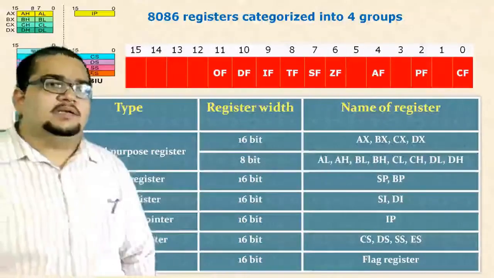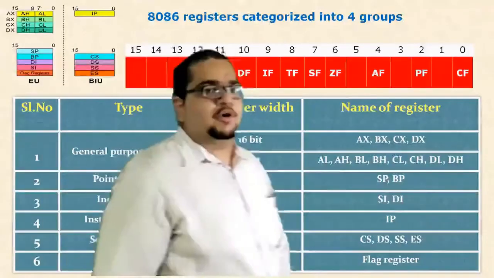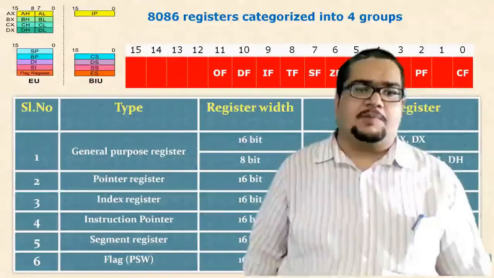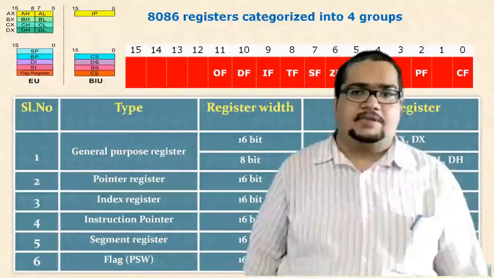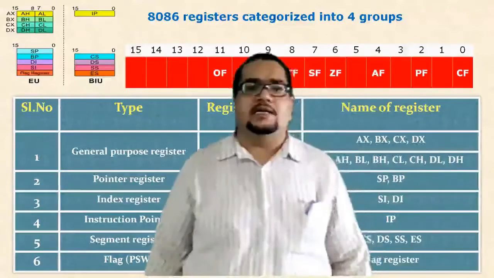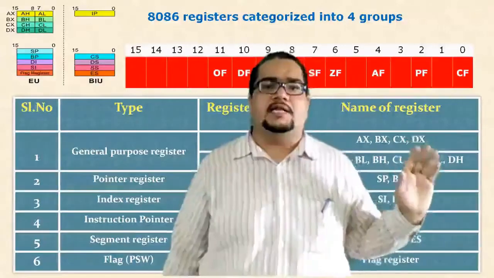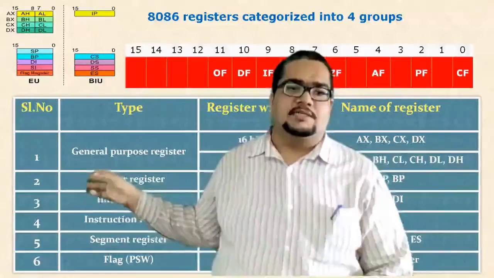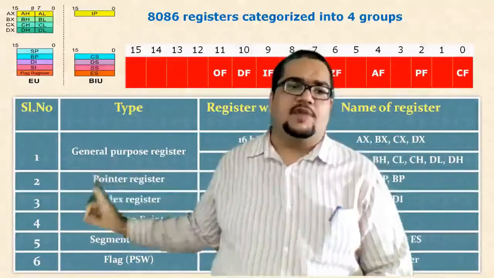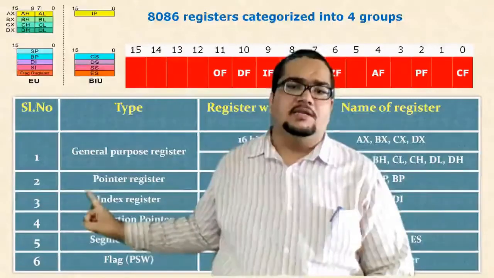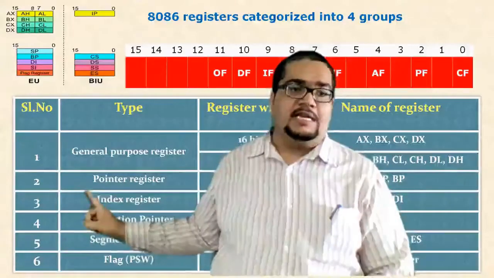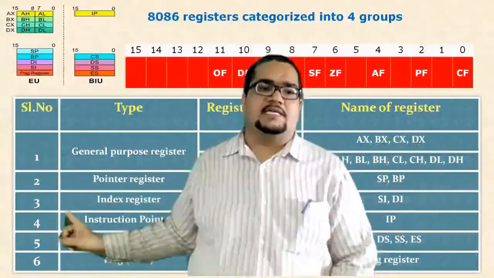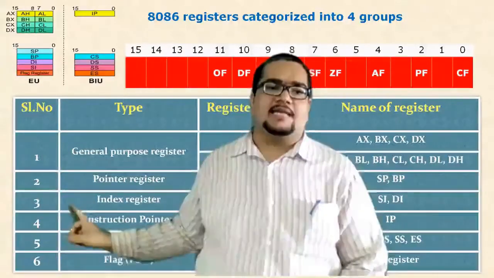Here is the listing of the categorization of registers. General purpose registers, 4 of them: AX, BX, CX, DX. Then pointer registers, there are 2: base pointer and stack pointer. Then index registers, the source index and destination index, that is SI and DI.